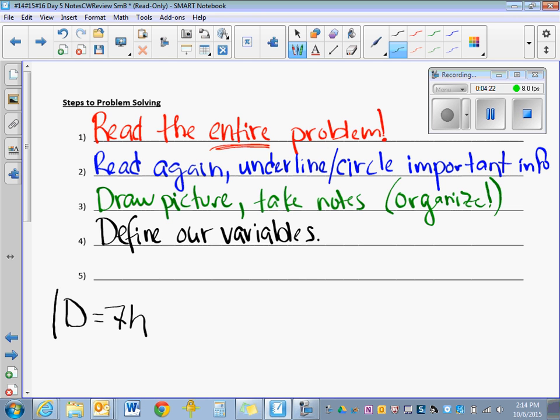Let's say you took this equation, D equals 7H. We know D represents the number of donuts that Jenny eats, and H represents how many hours. But let's say you went over to your English teacher and said, here you go, D equals 7H. Your English teacher's going to go, okay, great, what does that mean? So we need to say what these variables mean. We need to say that H is hours, and that D is the number of donuts Jenny eats.